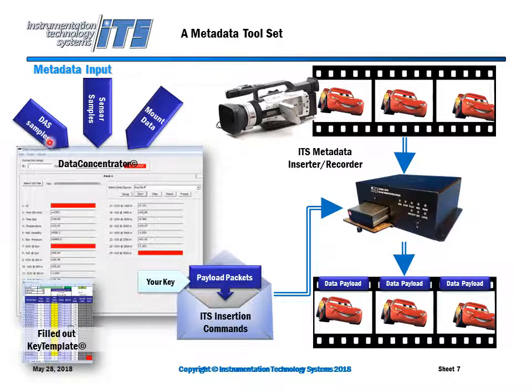What's really unique about the Data Concentrator is that you can send data to this PC from multiple sources and inform the Data Concentrator where that data is and how to parse it, and then take the most interesting pieces of data, or the relevant pieces of data you choose, and map those to a key that you've created that will put that data and populate the metadata space, those 235 bytes, if you choose to use it all, with the data that's coming in from each of these sensors asynchronously.